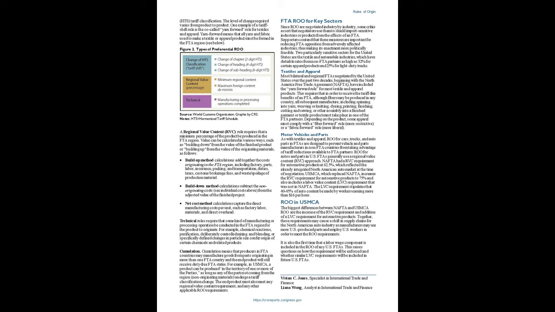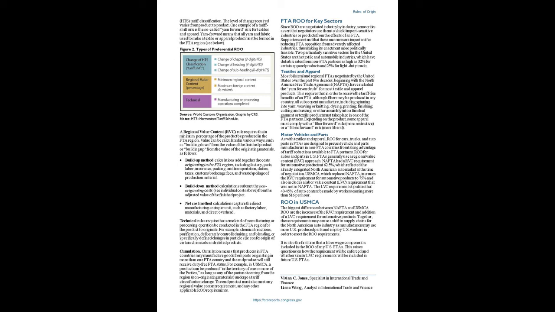This requires that in order to receive the tariff-free benefits of an FTA, although fibers may be produced in any country, all subsequent manufacture, including spinning into yarn, weaving or knitting, dyeing, printing, finishing, cutting and sewing, or other assembly into a finished garment or textile product must take place in one of the FTA partners. Depending on the product, some apparel must comply with a fiber forward rule, more restrictive, or a fabric forward rule, more liberal.